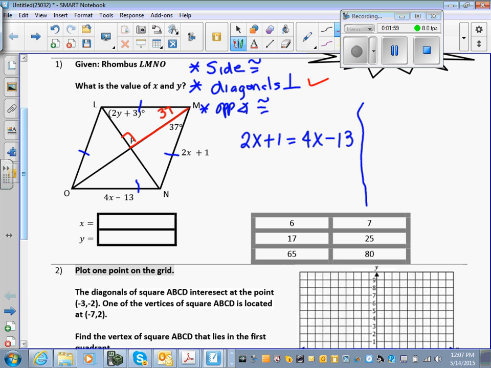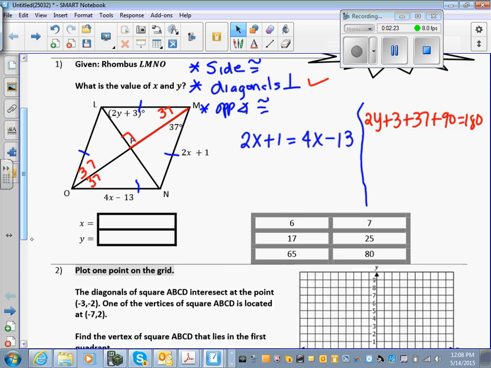So I know this is 37, this is 37, and this is 37. Now I have a triangle that needs to add up to 180 degrees. To solve for y, I can do 2y plus 3 plus 37 plus 90 equals 180 degrees. That way you'll be able to solve for y, and that's all it asks for number 2.